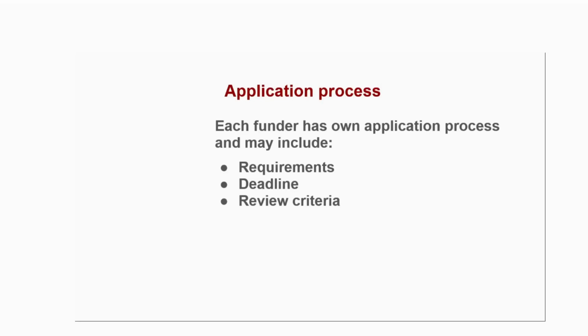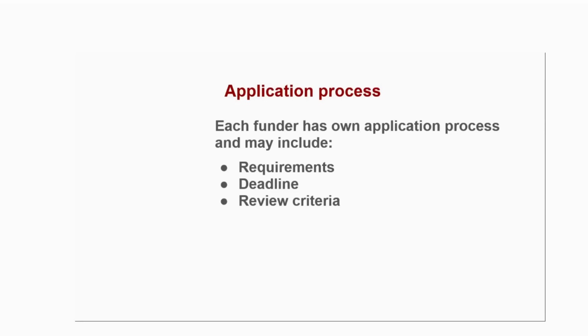What do you need? Some organizations will require the certificate of registration and so on, and any other document that you need to upload when you are doing the application. So it's important to read the requirements and come up with a checklist so that when you are submitting your proposal, you ensure that you've met all the requirements.